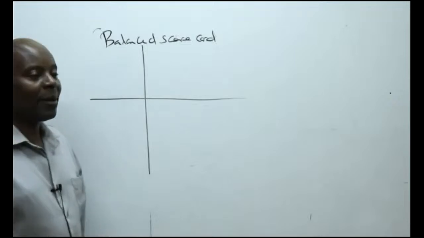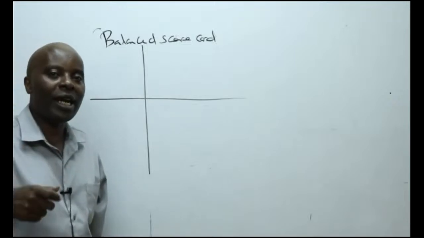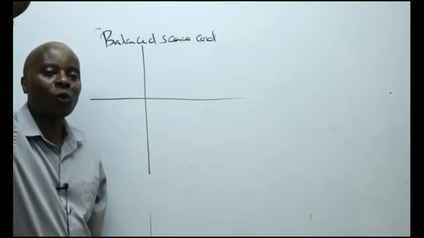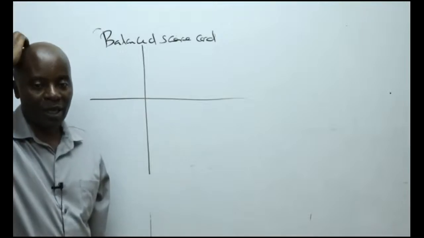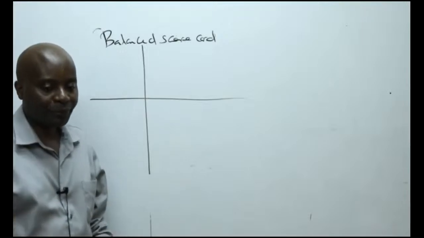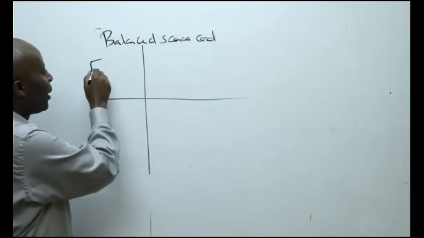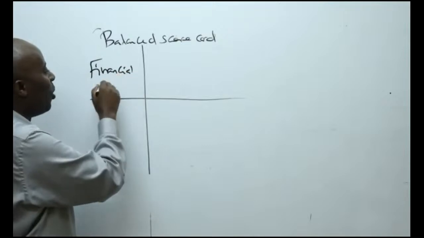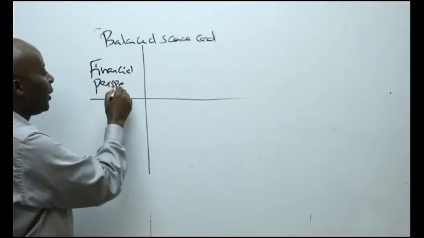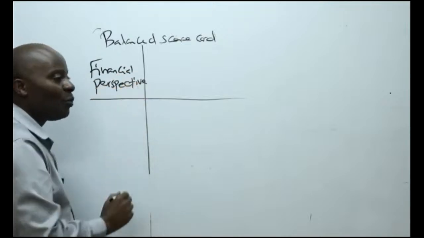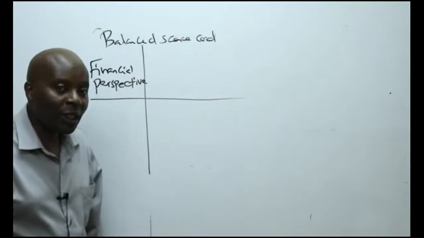Now, ladies and gentlemen, balanced scorecard. I'm being told by my able administrator here that most of us have gone ahead to list those particular perspectives. Which perspectives are these? Financial perspective. So we have the first one, which is the financial perspective. Thank you very much. But we have to be doing healthy financially.